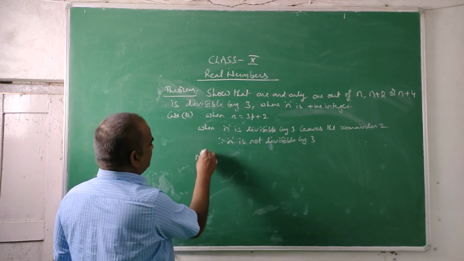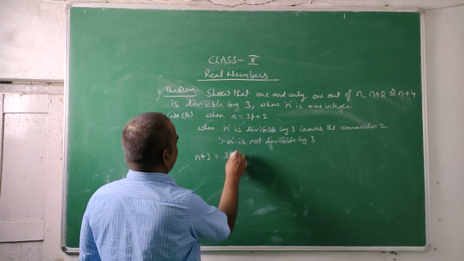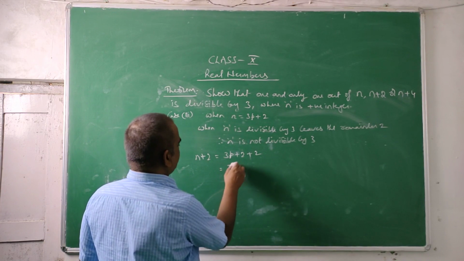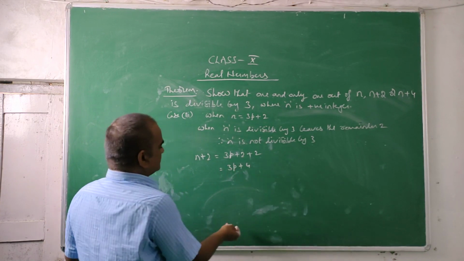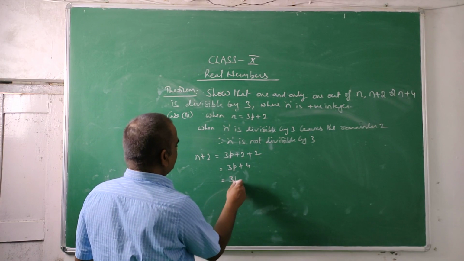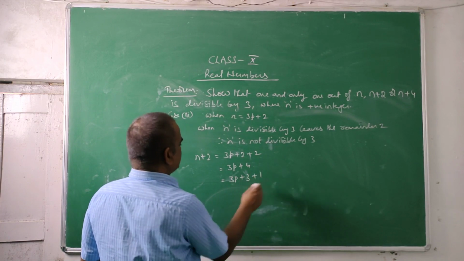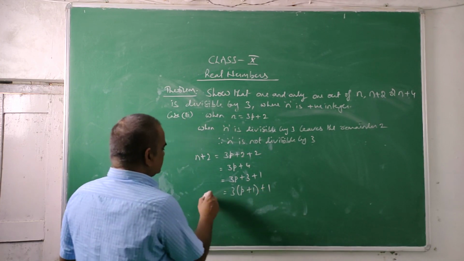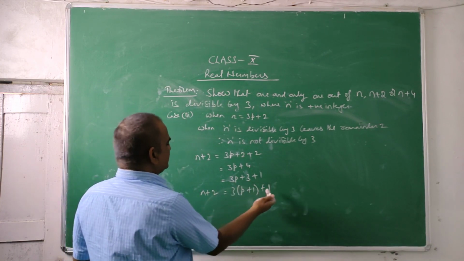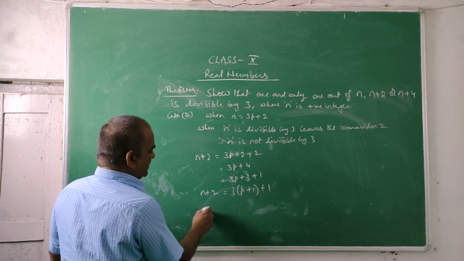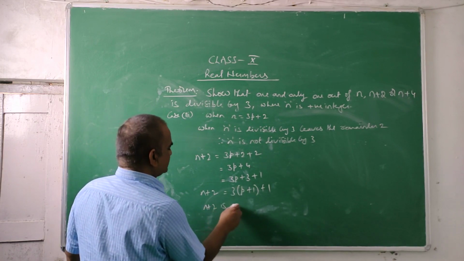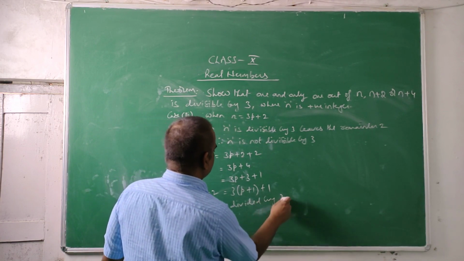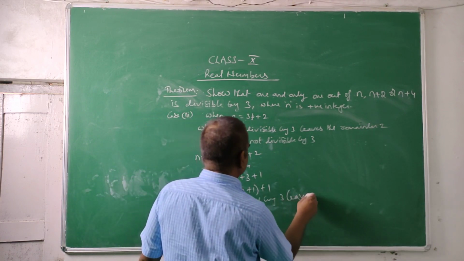Now, let us see n plus 2, where n is 3p plus 2, plus 2. So, which is equal to 3p plus 4, which is equal to 3p plus 3 plus 1, which is equal to 3 into p plus 1, plus 1. So, what does it mean? It leaves the remainder 1. So, when n plus 2 is divided by 3, it leaves the remainder 1.